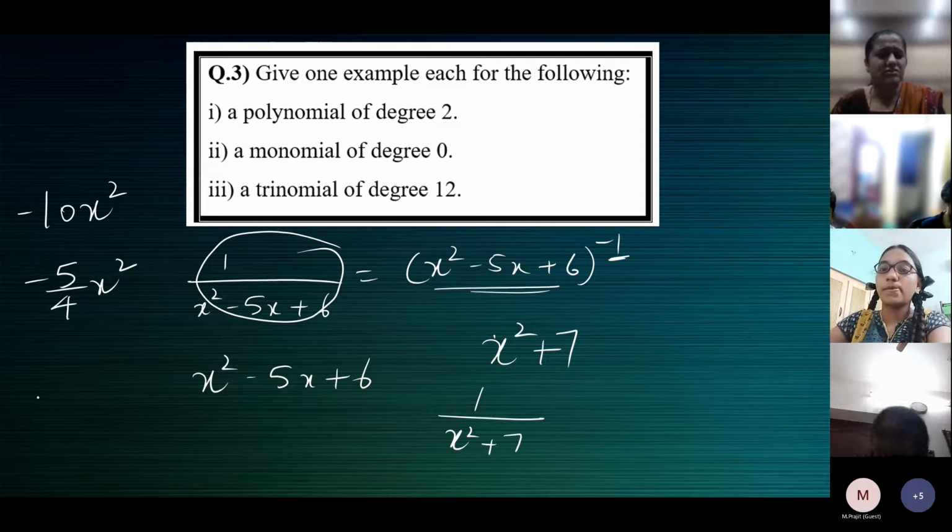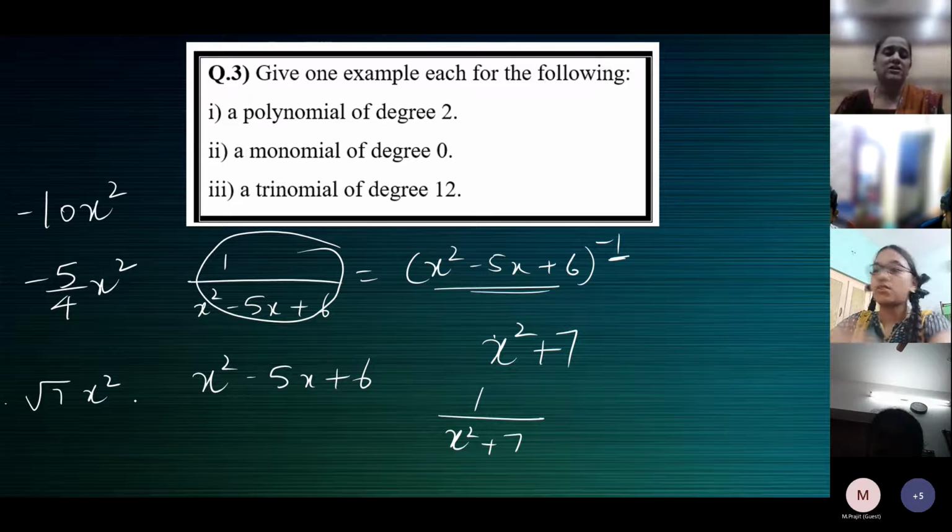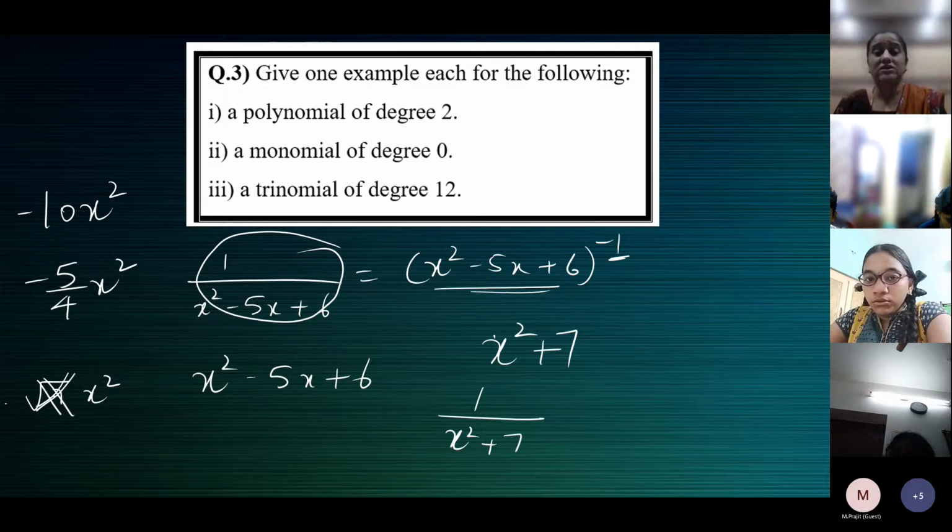So you can just write root 7x square. It is a polynomial, because what the coefficient is does not affect the degree of the polynomial. Degree is only the power, not the coefficient.